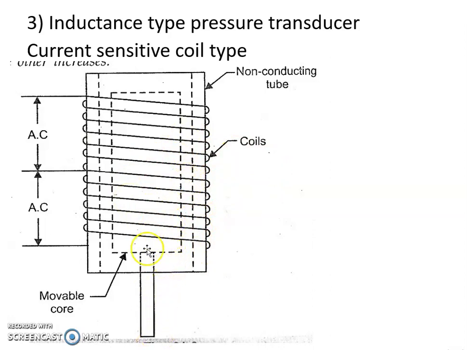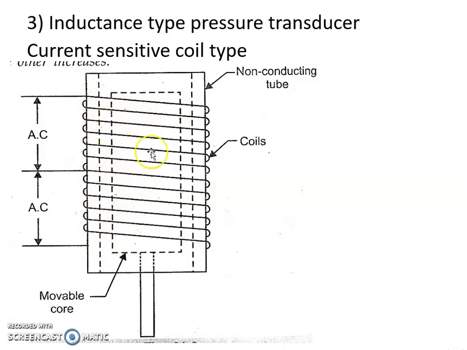When pressure is applied and the core moves in the upward direction, the inductance of the lower coil decreases because more of the core is linked with the upper coil and less core is linked with the lower coil. Therefore the inductance of the lower coil decreases and the inductance of the upper coil increases.